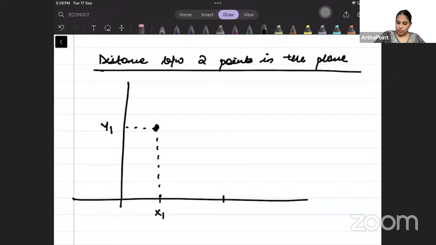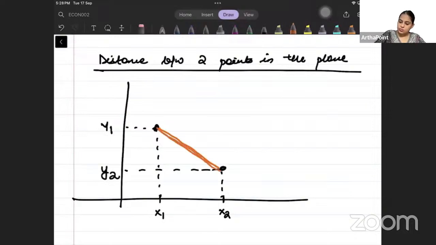This is another point x2, y2. And I need to find the distance between these 2 points. Right? I need to know what is the distance between the 2 points.